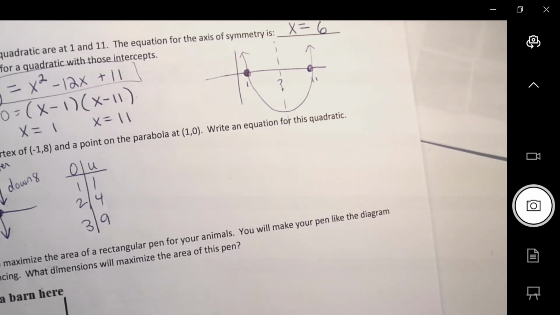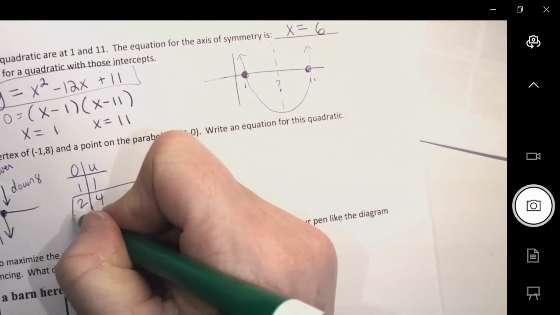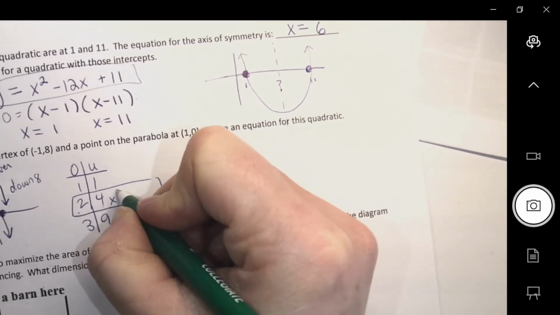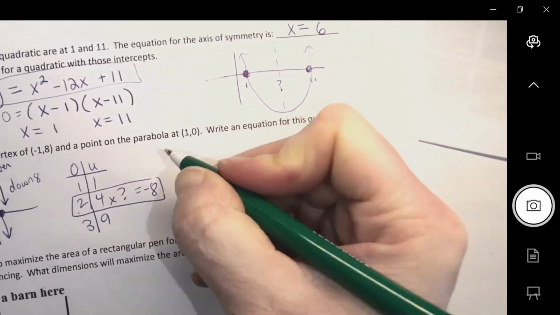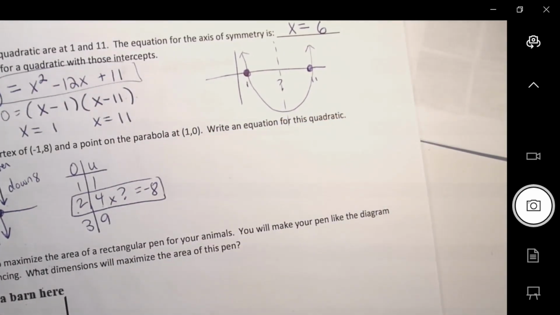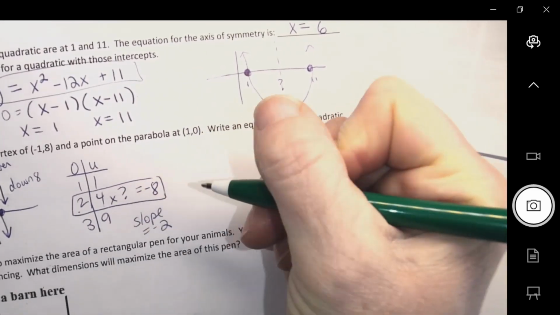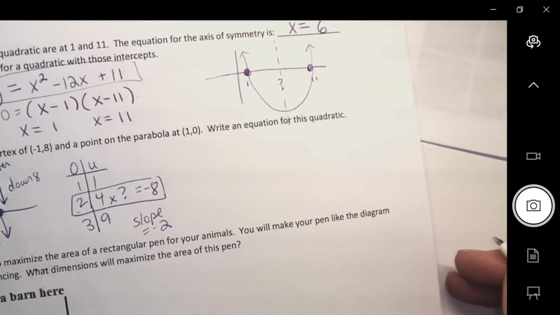No. So if I go over 2, I should have gone up 4, but I actually went down 8, which means the slope would have been negative 2. Okay, now you have everything, you just need to have it plugged into the equation correctly.